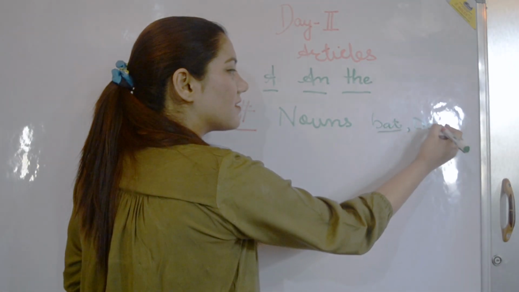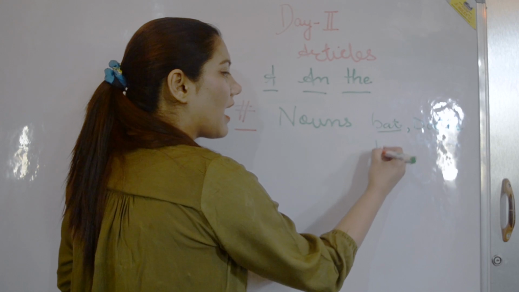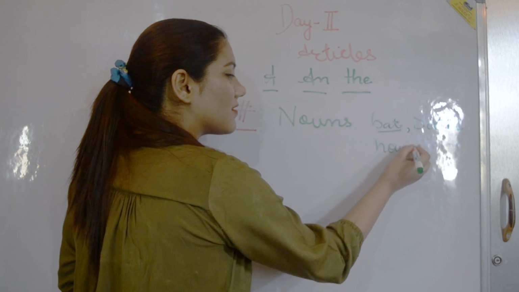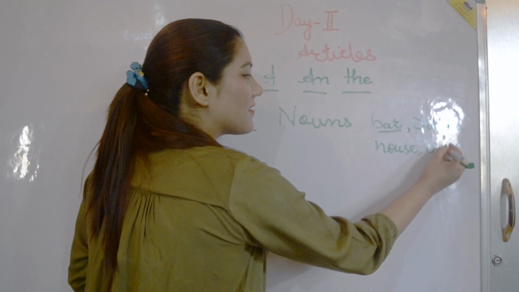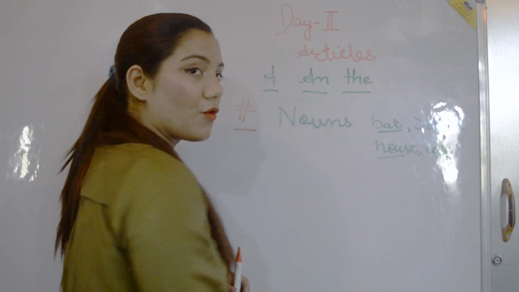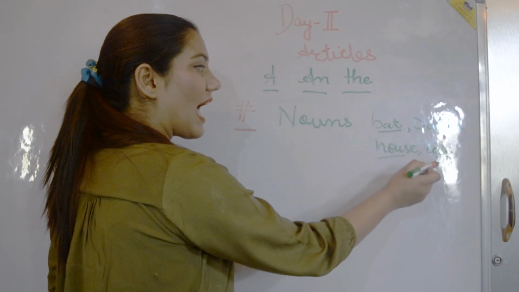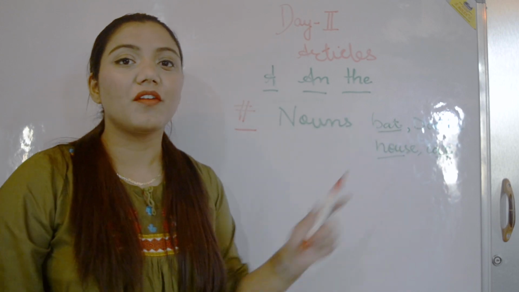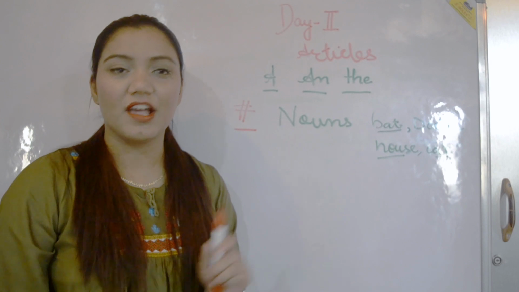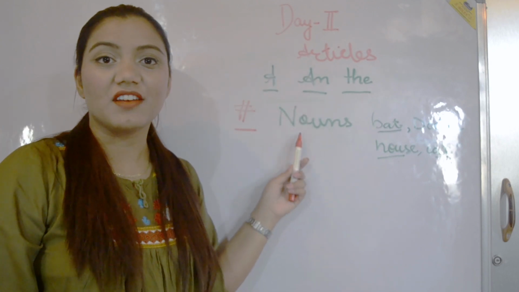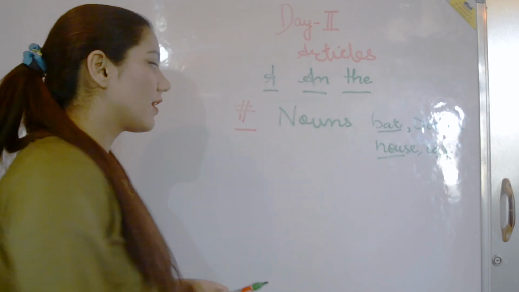Doctor is a person. House is a place. Cat is an animal. So, person, place, animal and thing. Names of these four things are called nouns. So, articles are used in front of nouns.